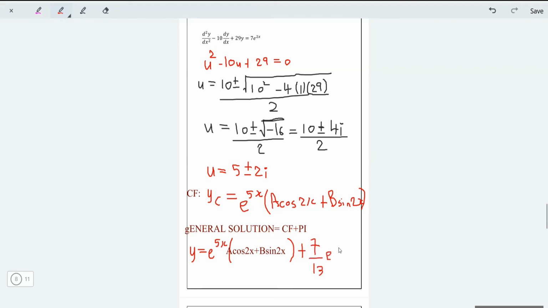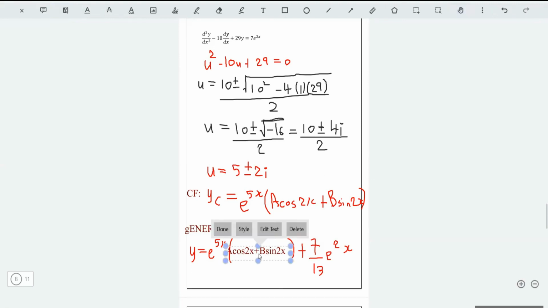Nice and easy. That's all to do this question. That's the general solution for this question.